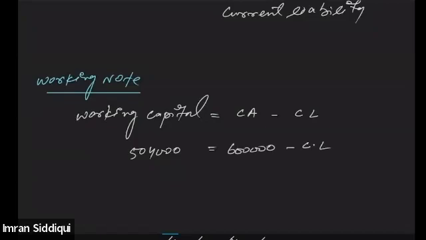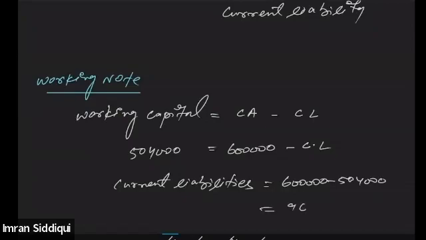By subtracting working capital out of current asset, we'll get the current liability, right? So current liability is equal to 6 lakh minus 5 lakh 4,000, that will be 96,000.